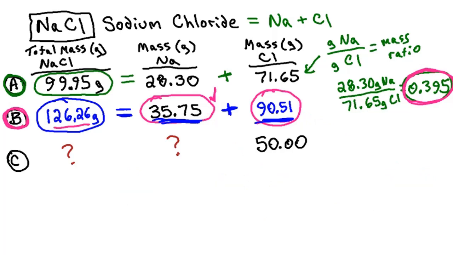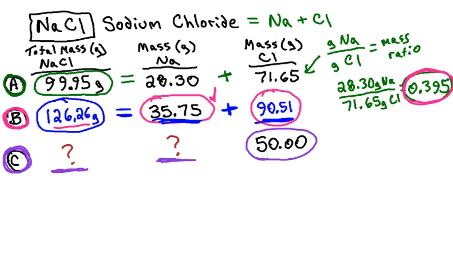Now let's do the same thing for sample C. For sample C, we don't know what the total mass of sodium chloride is, and we don't know what the mass of sodium is, but we do know the mass of chlorine in grams is 50.00 grams.